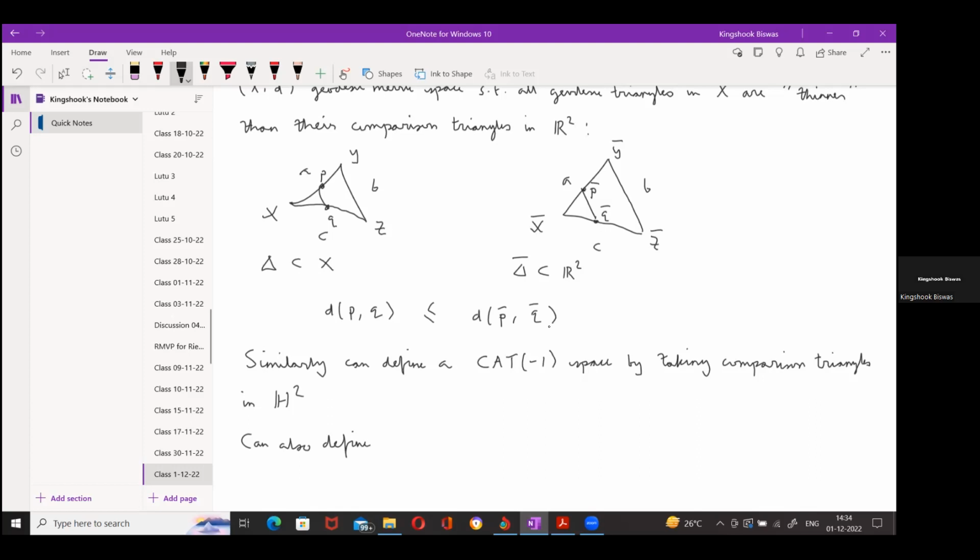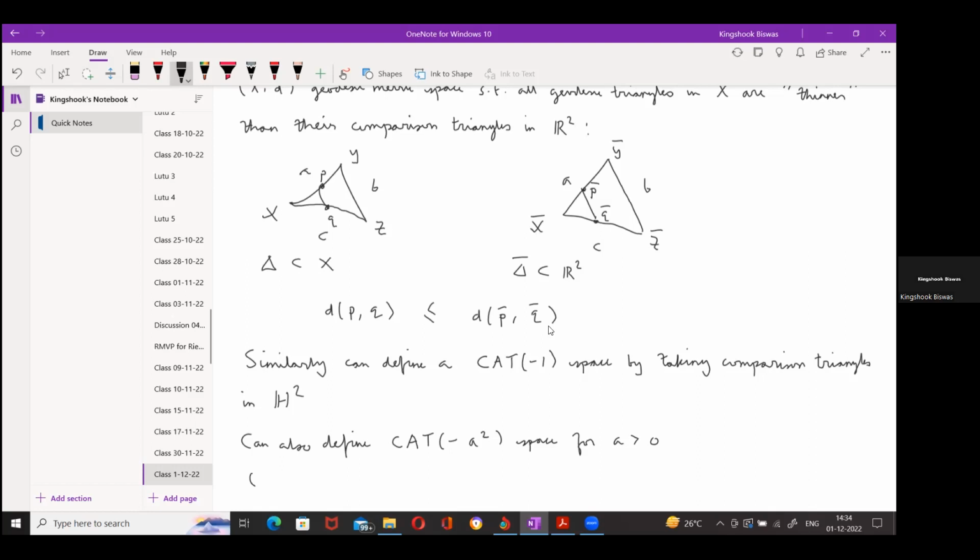Similarly, we can also define a CAT(-a squared) space for any a positive.